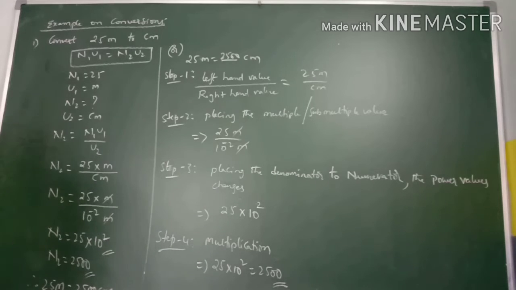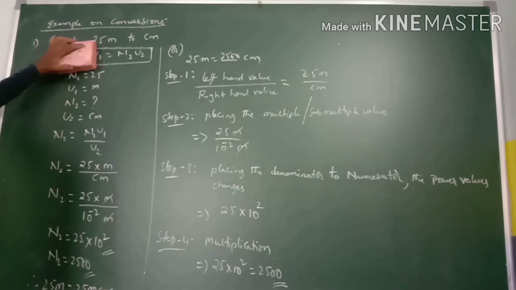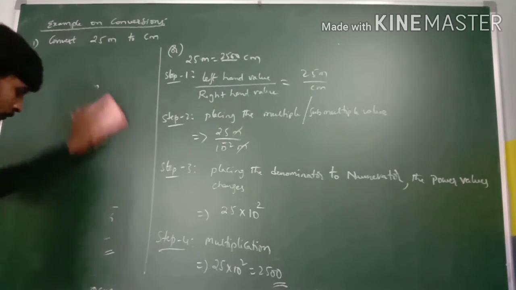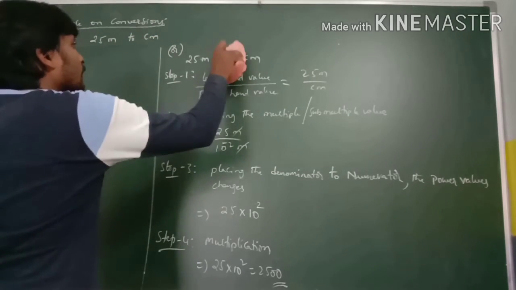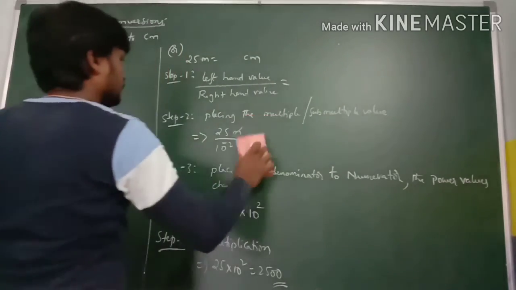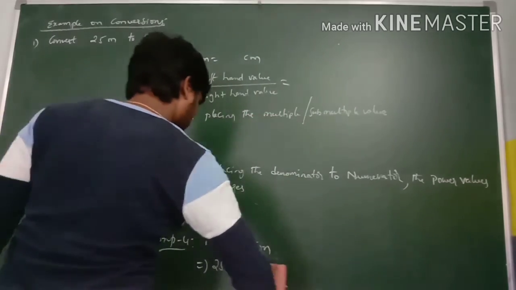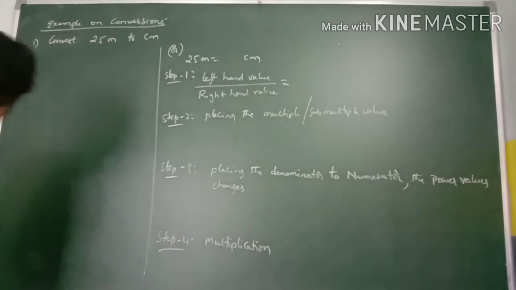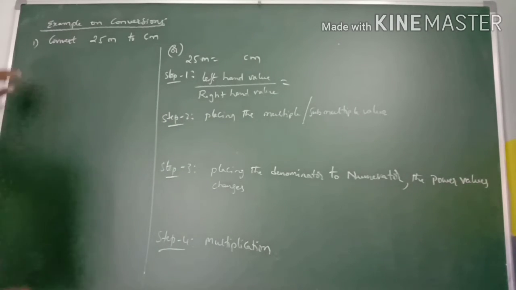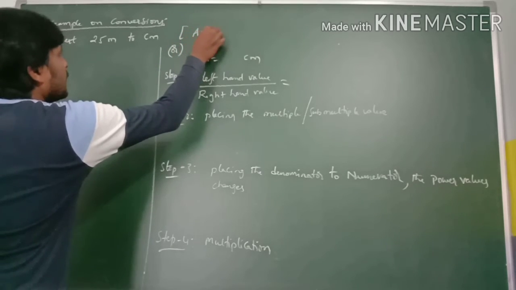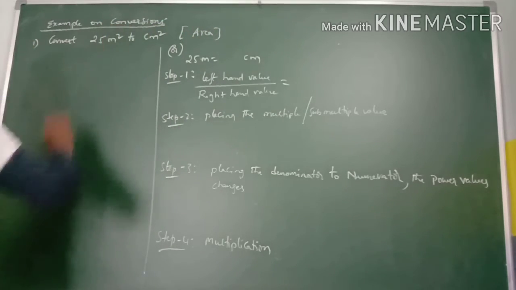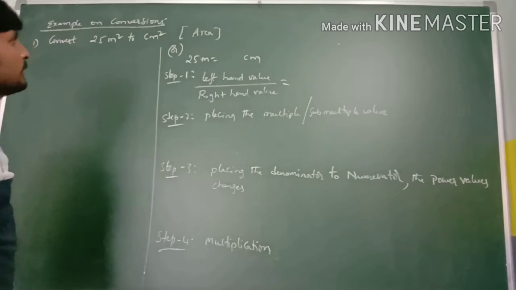Now, second model. Same problem, we are taking the same problem. First model regarding length and second model regarding area. 25 meter square is equal to dash centimeter square.